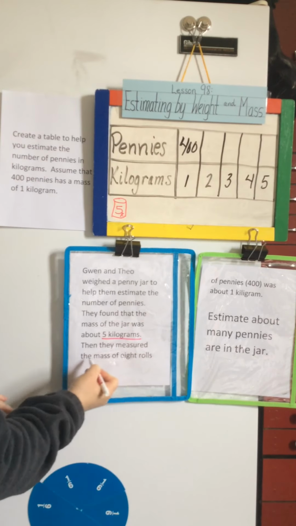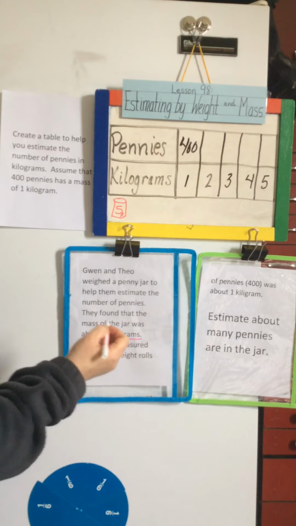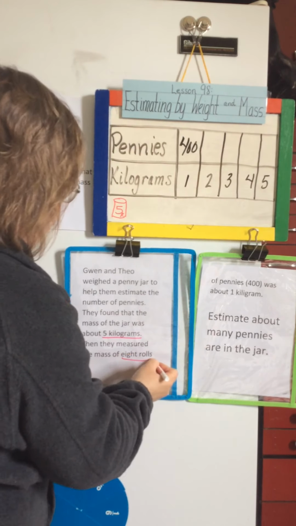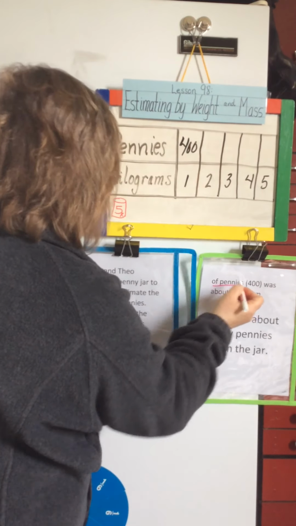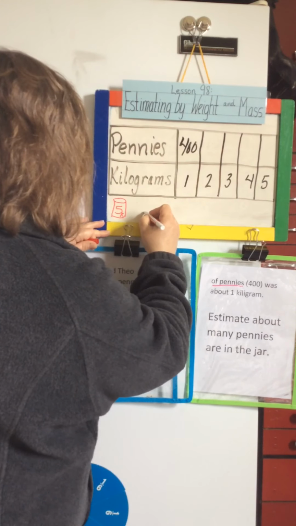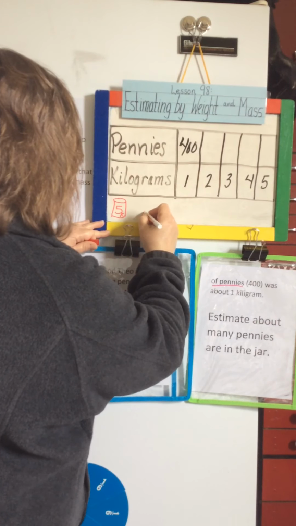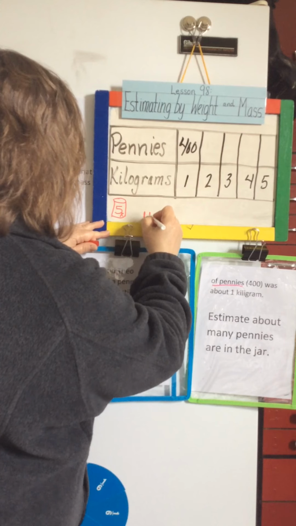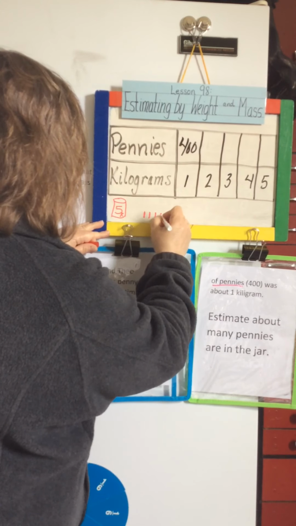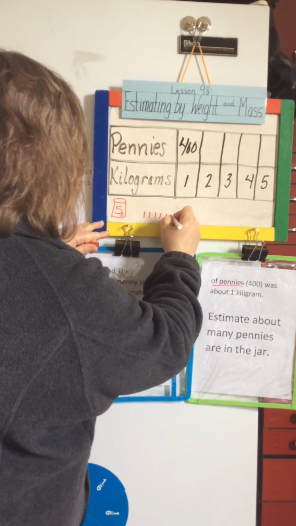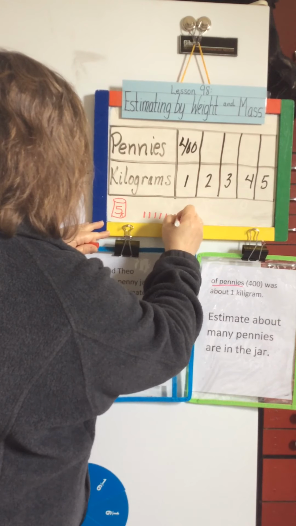Then they measured the mass of 8 rolls of pennies. So let's make 8 little rolls of pennies. We'll just make them little lines. 1, 2, 3, 4, 5, 6, 7, 8.